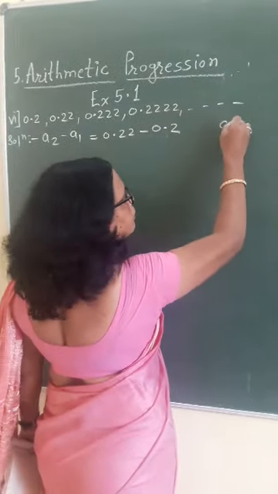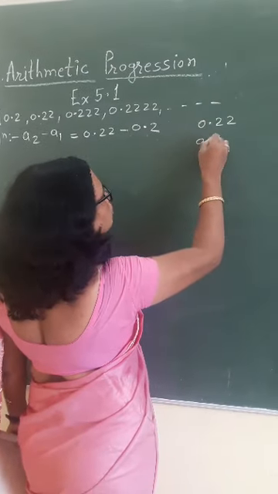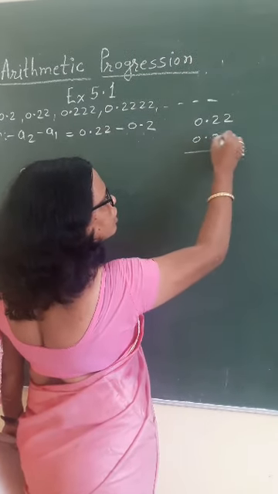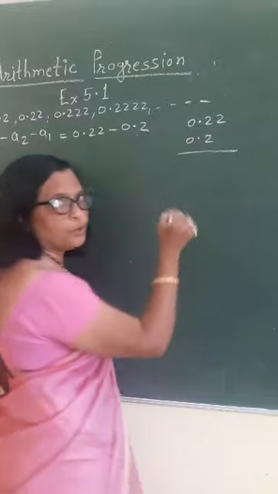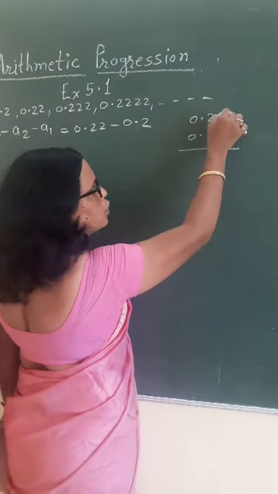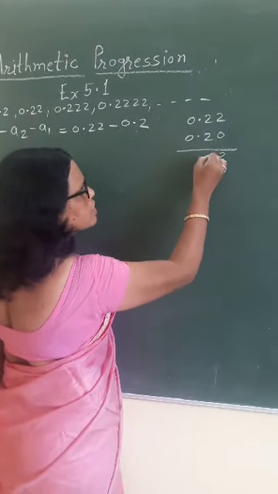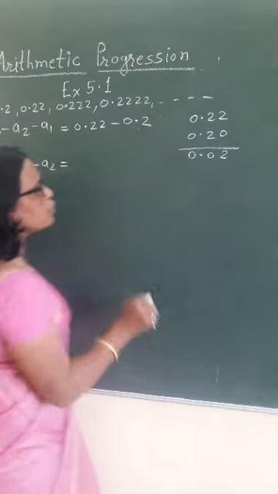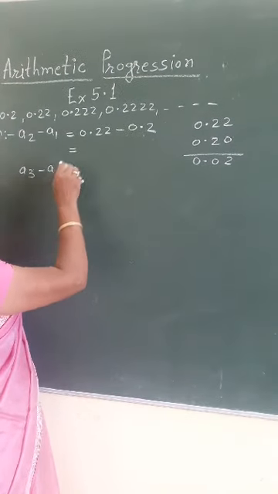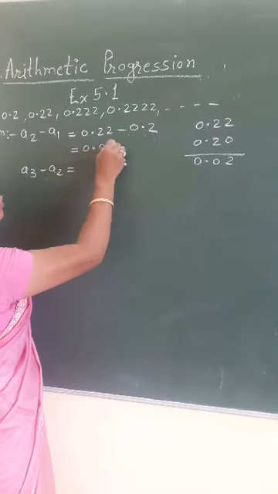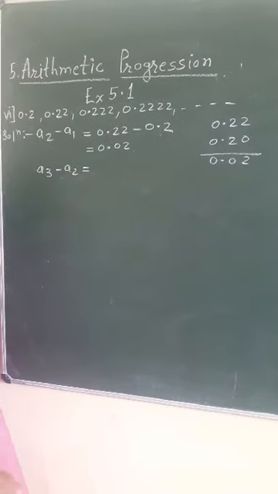Subtraction everyone knows: 0.22, 0.2. After the 2 there remains a 0. So 2 minus 0 is 2. This is 0.0. What is the answer? 0.02.